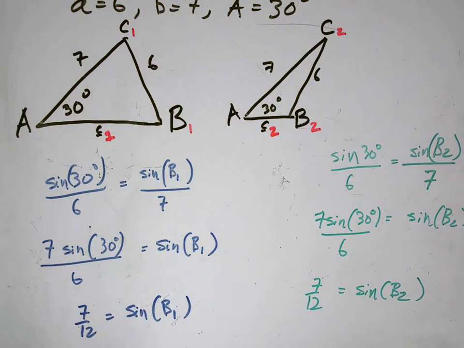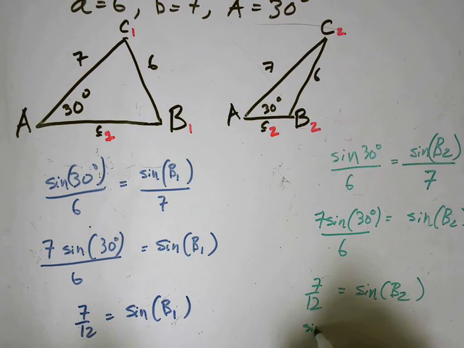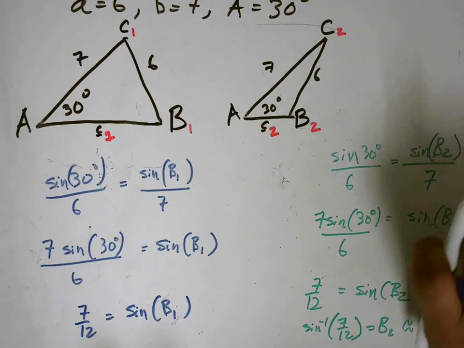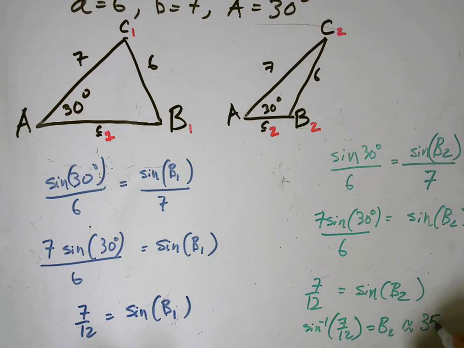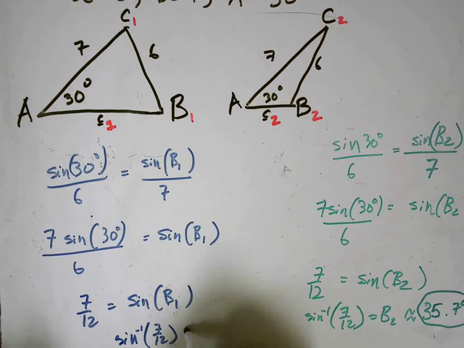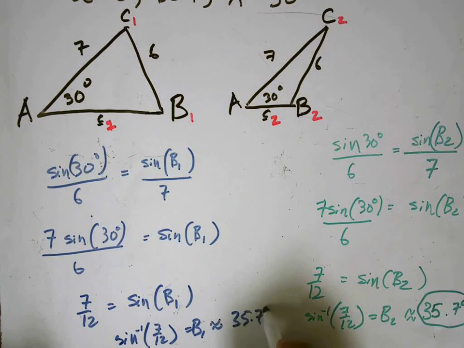This tells me that inverse sine of 7/12 is equal to B2, and that's approximately 35.7 degrees. And of course, if I do it the other side, inverse sine of 7/12 is equal to B1, which is also approximately 35.7 degrees.